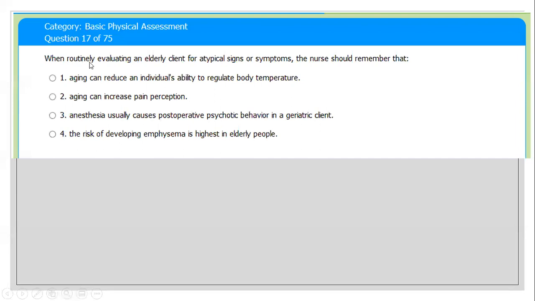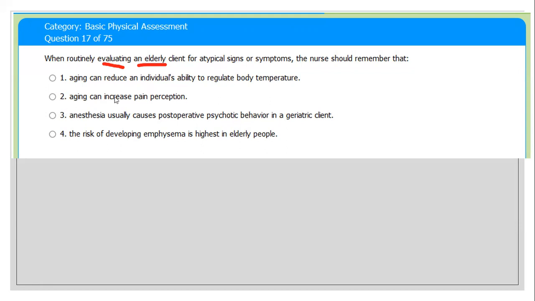Next question: when routinely evaluating an elderly client for atypical signs and symptoms, the nurse should remember that. So the key point here is to evaluate an elderly client. Because of aging, our systems undergo degenerative change. So the nurse should remember: number one, aging can reduce an individual's ability to regulate body temperature.